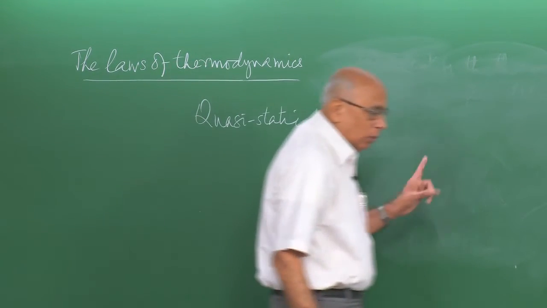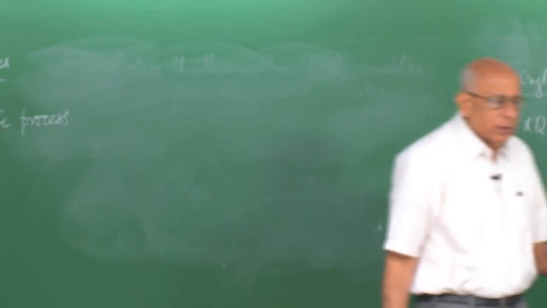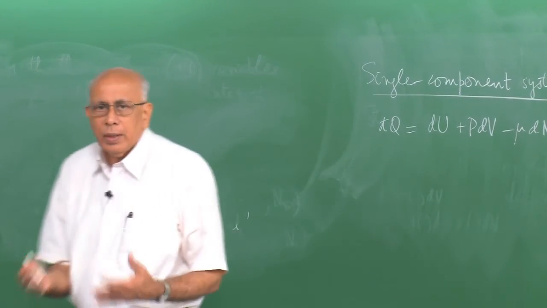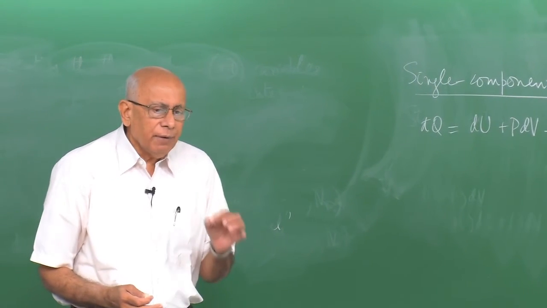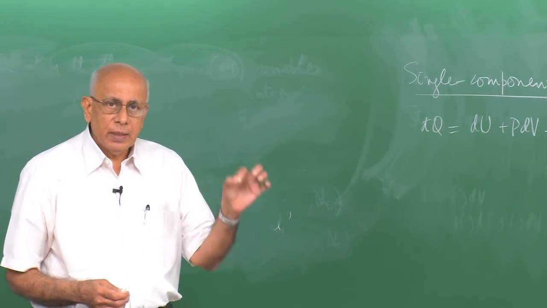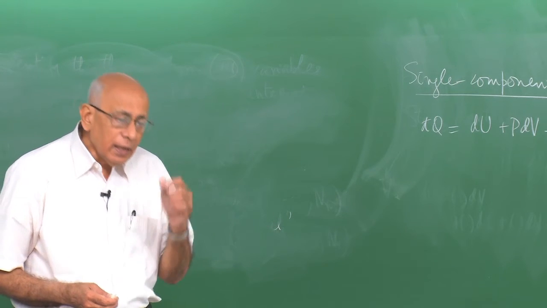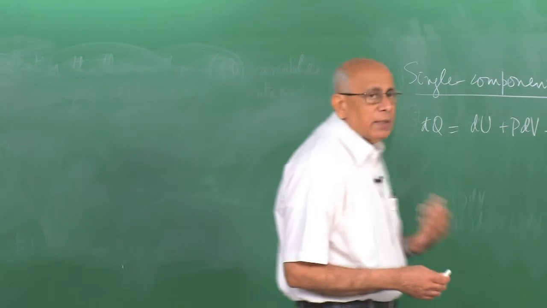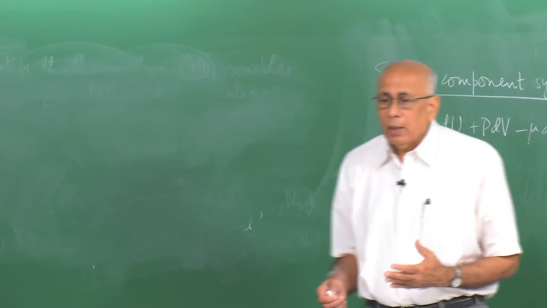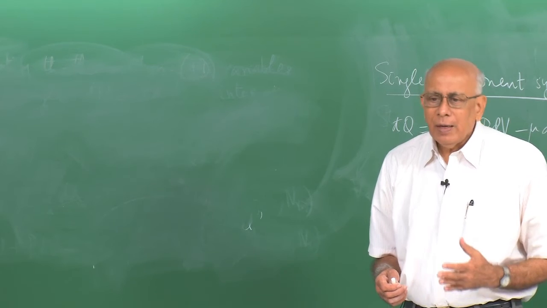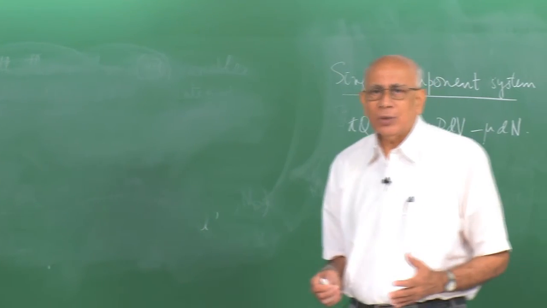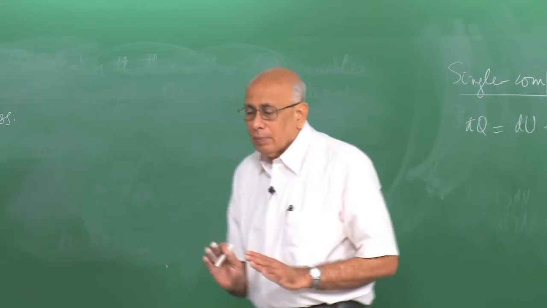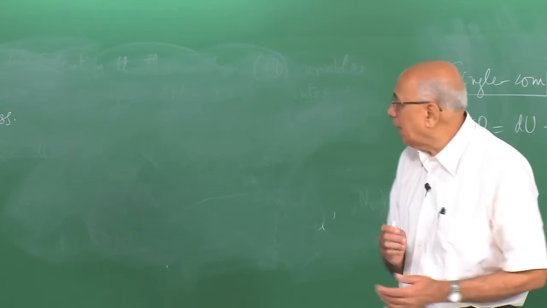I have already talked about this. I said that when you take a thermodynamic system and you do something to it, or it changes state, if it does so in a sequence of states such that at any given time it is in thermal equilibrium, then this process is a quasi-static process. In general, what it implies is that, very roughly speaking, you do not do too many sudden things to it, you do not make many rapid changes, although that is not necessarily something which guarantees a quasi-static process.